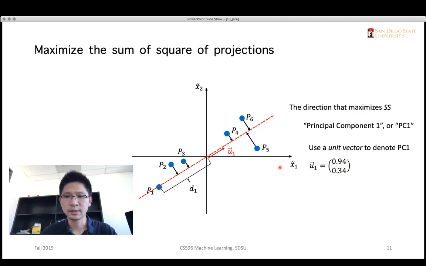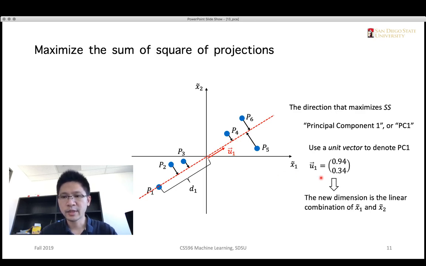So this is the unit vector that indicates the direction of PC1. And remember that this new dimension U1 is a linear combination of x1 tilde and x2 tilde. So we are representing this new dimension within the Cartesian system, or the coordinates, of x1 tilde and x2 tilde.